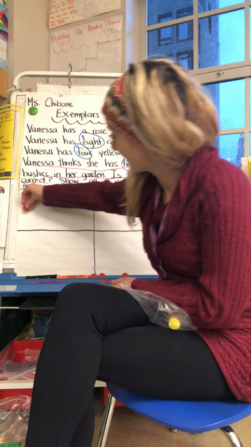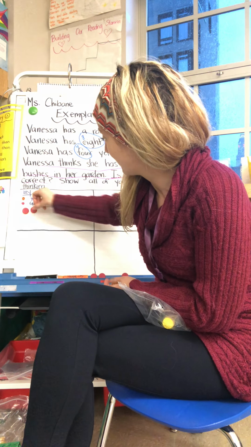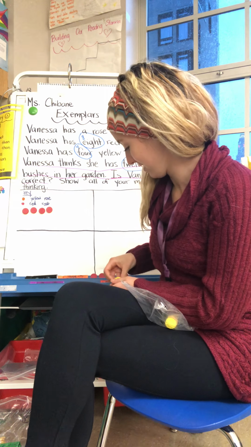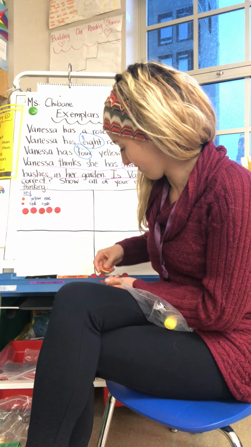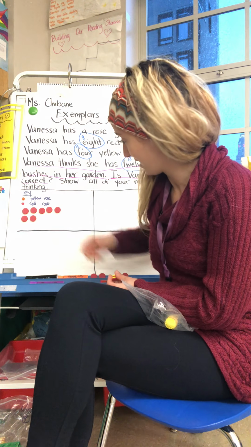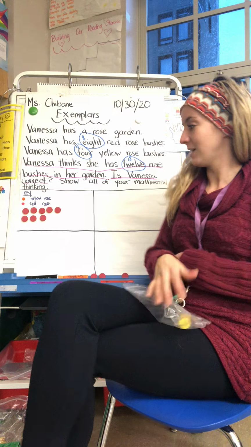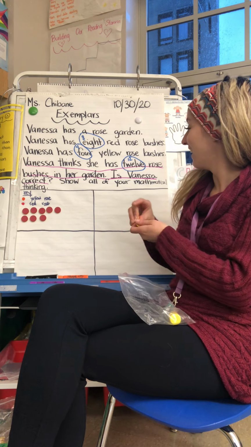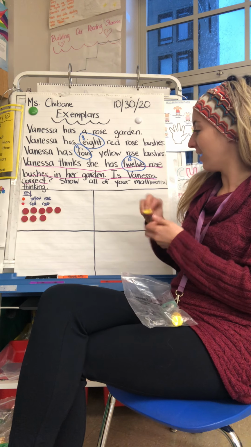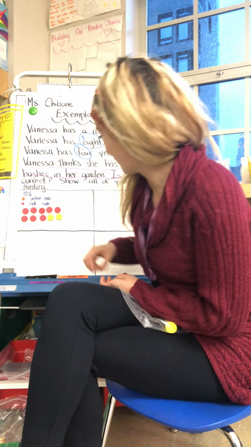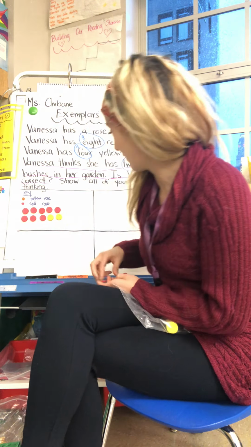Oh, perfect. 1, 2, 3, 4, 5, 6, 7, 8. Okay, very cool. I forgot that they were magnetic. And 4 yellow. 1, 2. Huh. Look at that.